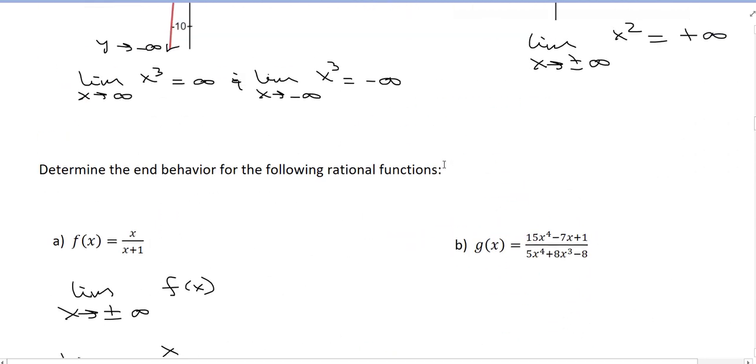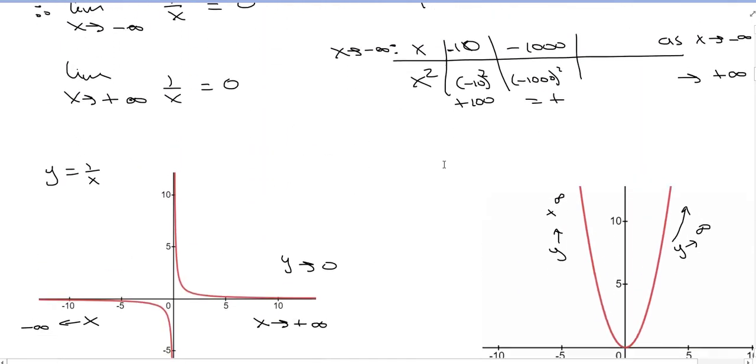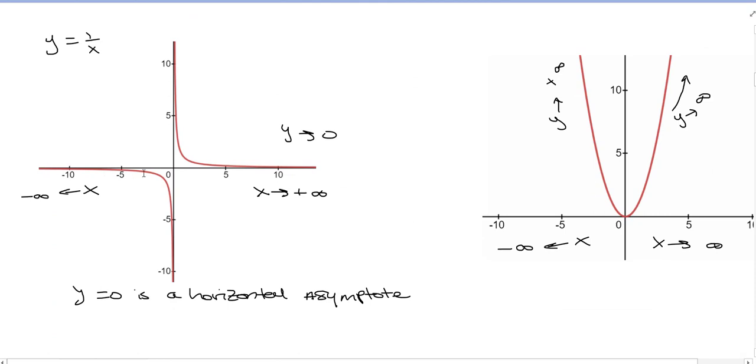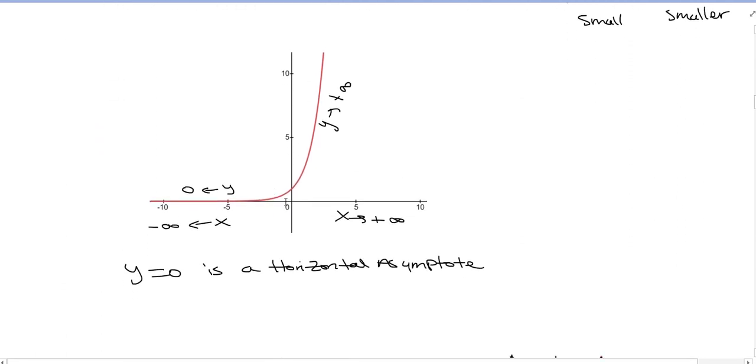What I mean by that is like 1 over x, y equals 0 is a full horizontal asymptote, meaning as x goes to positive infinity and as x goes to negative infinity, the limit is 0. For e to the x, we have a limit as x goes to negative infinity.